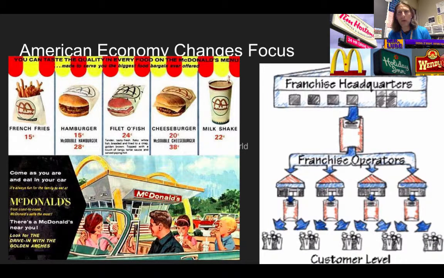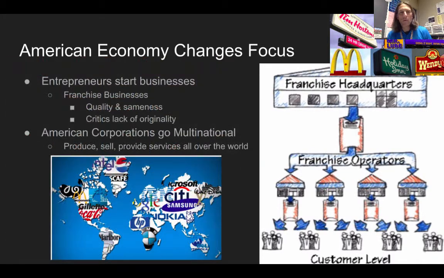The other piece of the American economy is we're going to see more and more franchises, and we take these all for granted, but this is the era of McDonald's. You're also going to see Holiday Inns. And so what is the appeal of these franchises? As Americans are traveling across the country on vacation, there's something nice about pulling into a McDonald's and ordering a Big Mac, and that Big Mac is the same if you're in Decorah, Iowa, or Los Angeles, California.